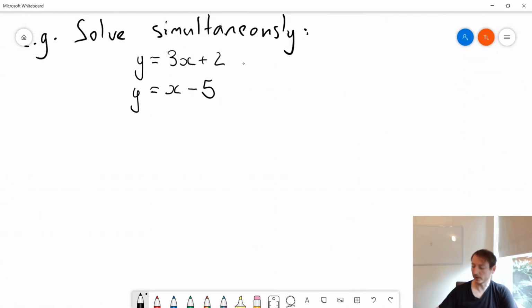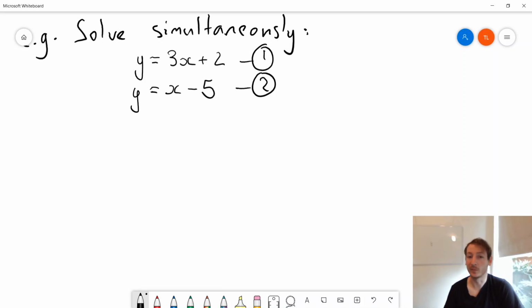What we often do is give the equations names 1 and 2. Write them in circles, because we're not talking about the number 1 and the number 2. We are referring to equation 1 and equation 2, and you don't want to accidentally think you're talking about those numbers instead. So, here it says that y equals 3x plus 2, and there's a y down here.